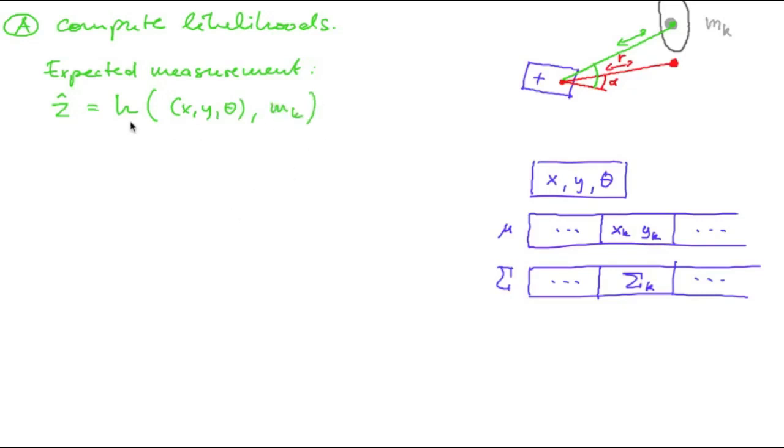And fortunately, we programmed all of that earlier. So this is our measurement function. Now we will also need the covariance matrix for this measurement. And for that, we'll need the Jacobian of h. So we'll need capital H, which is the derivative of h with respect to the landmark. And we need to take this at the current pose of the robot and the landmark position. So this will be a 2 times 2 matrix.